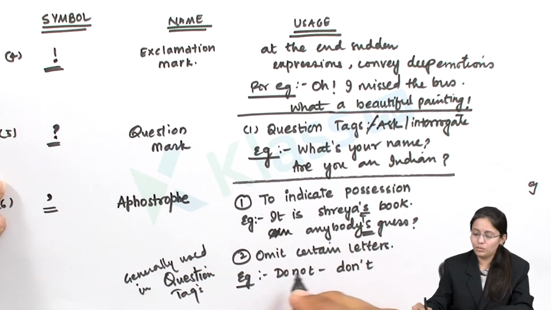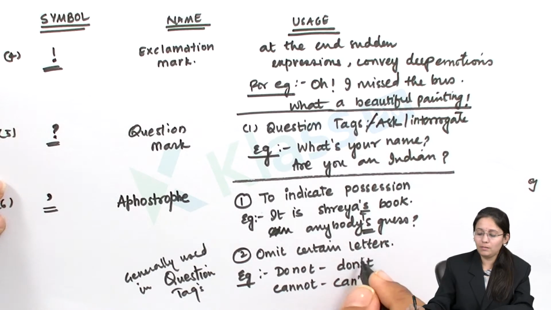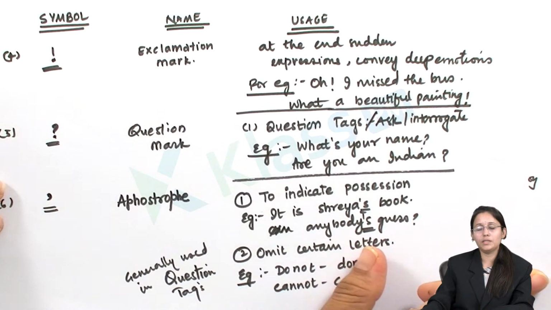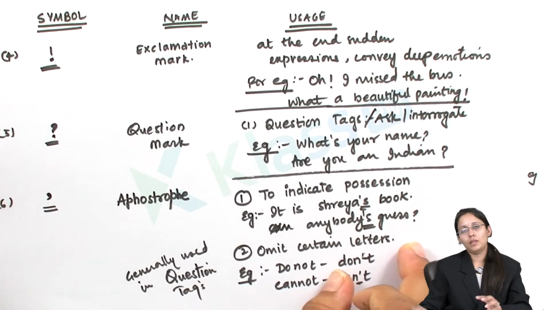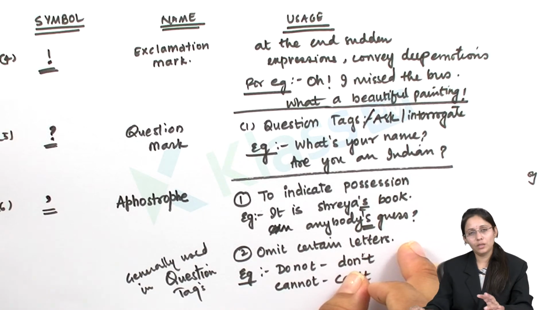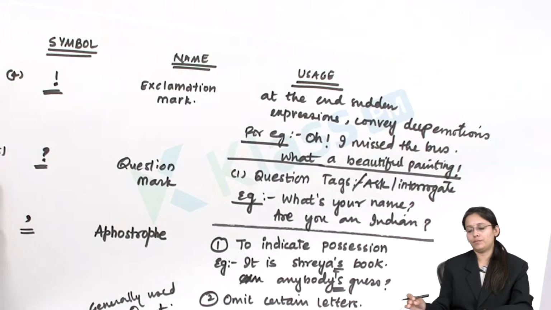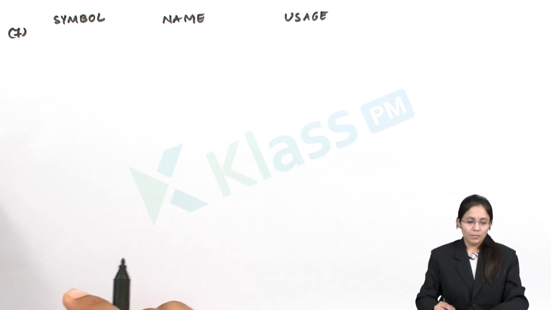Do not, don't. Cannot, can't. Okay, so in this manner we may use the apostrophe when we are omitting certain letters. So first we have gone through the comma, then the semicolon, and then the full stop, exclamation mark, question mark, and then the apostrophe. Let us see the seventh punctuation mark.